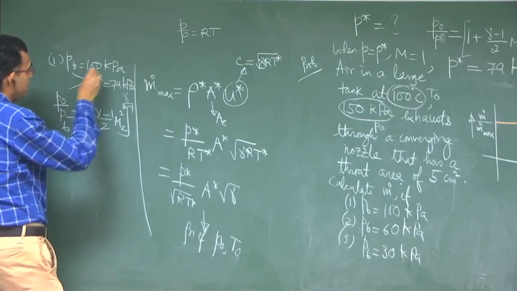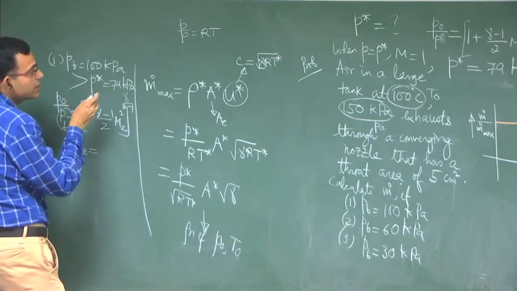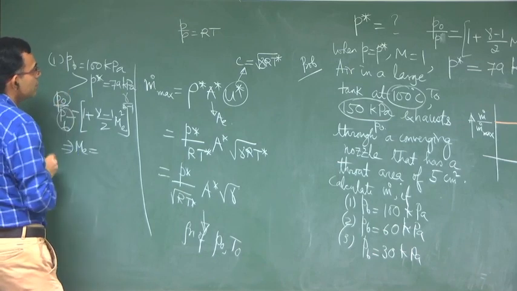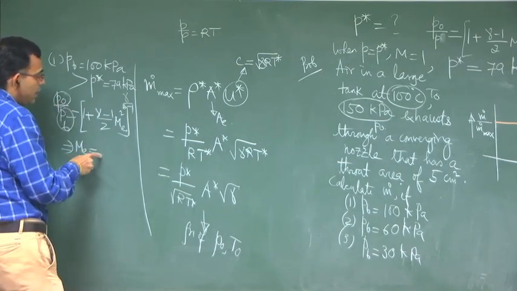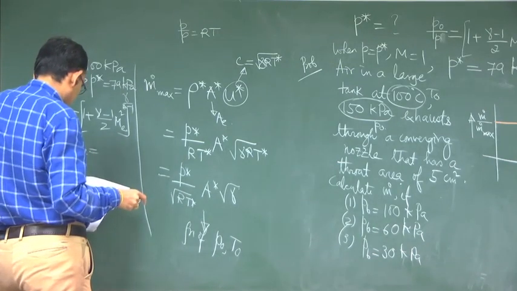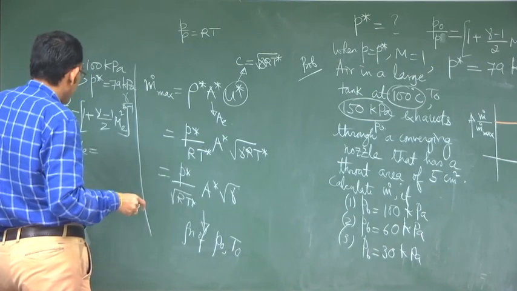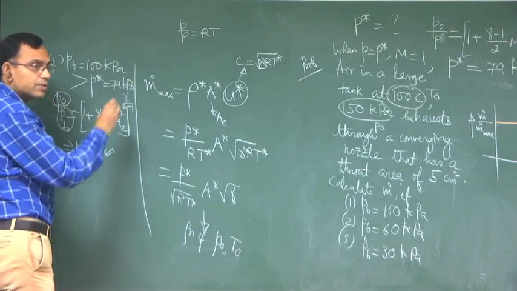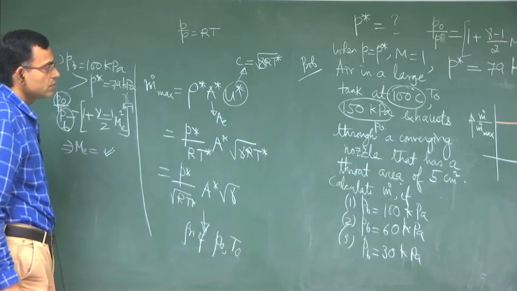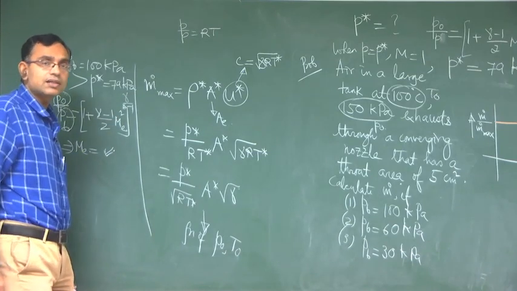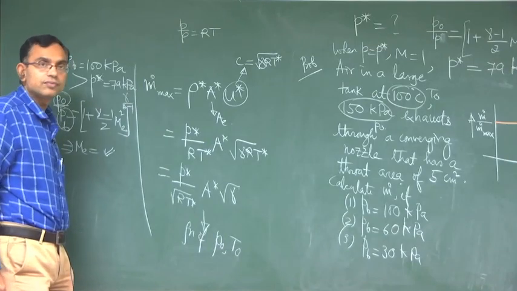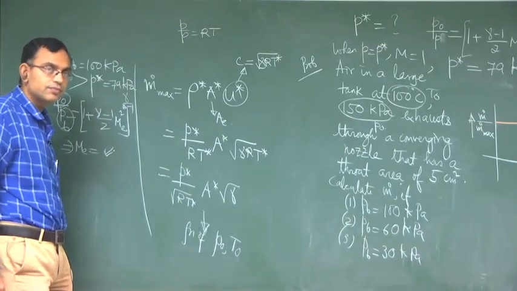So, this back pressure is 100 kilopascal, P0 is 150 kilopascal. So, from here you will get a Mach number. What kind of Mach number is it, greater than 1 or less than 1? This will be less than 1.